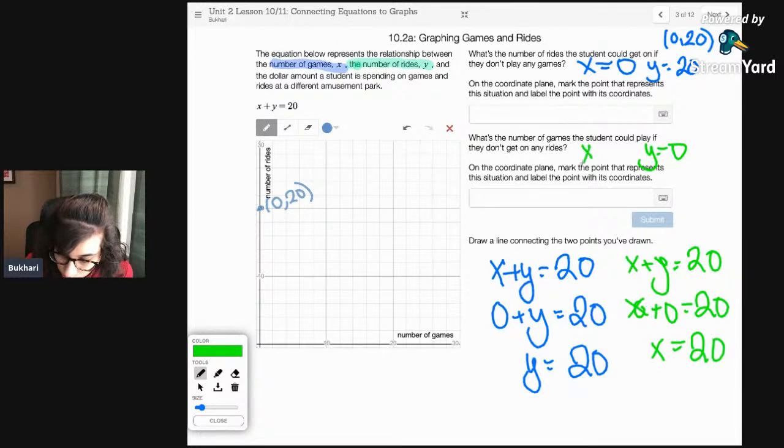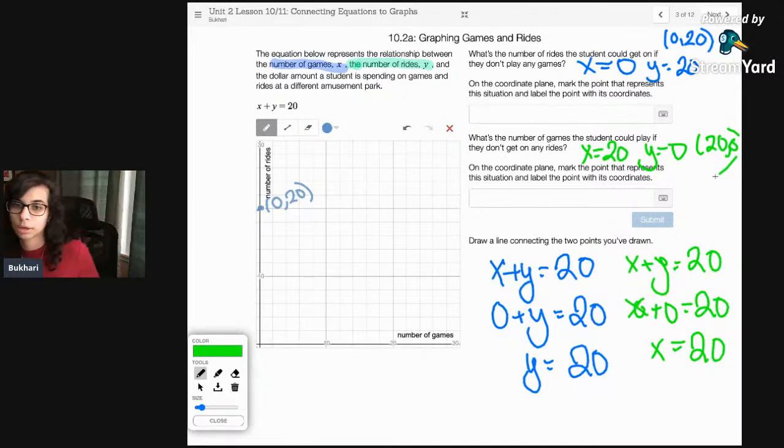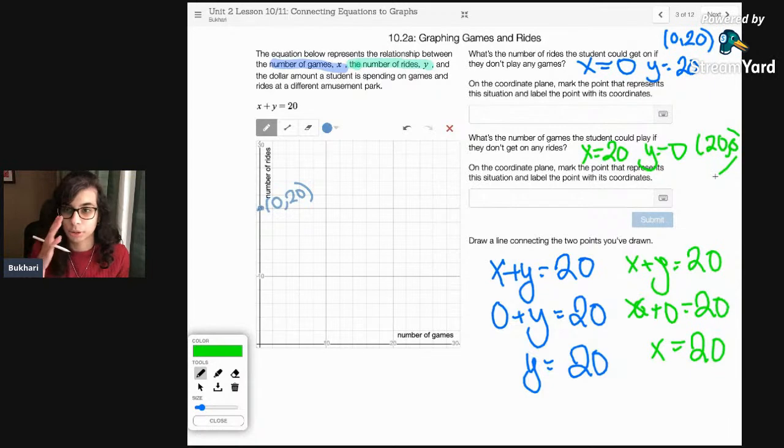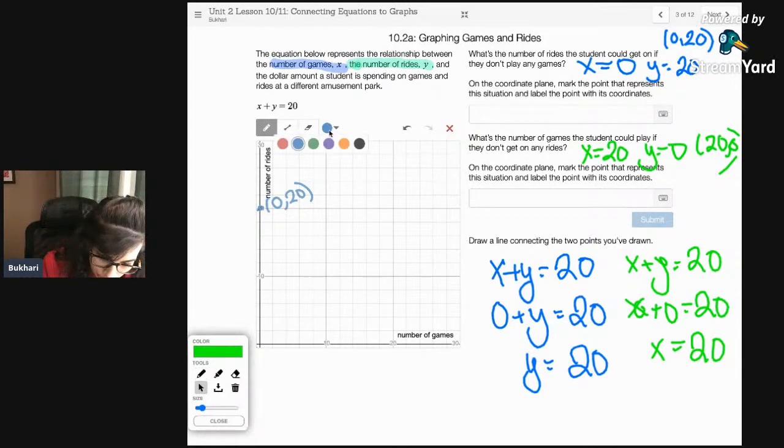So I know I have the point x equals 20, y equals 0, which would be the point 20, 0, right? Remember, think about our coordinate points from before. Let's make it orange here. This is the point 20, 0.